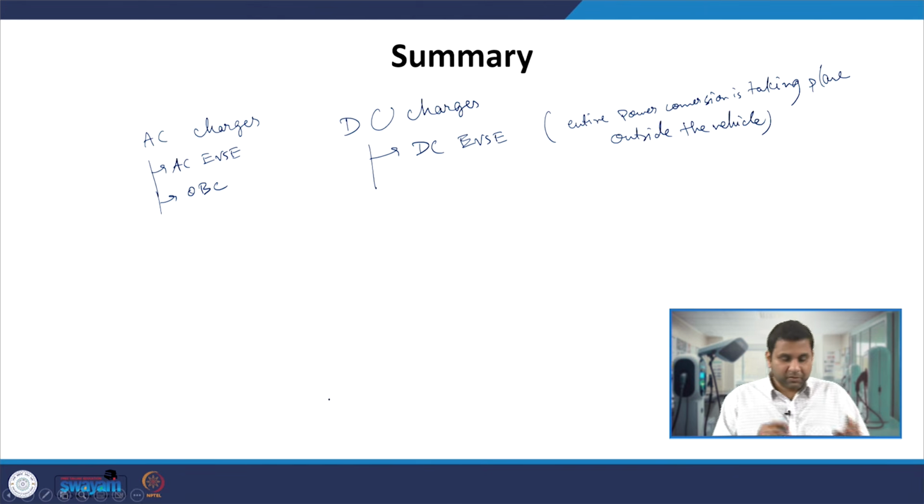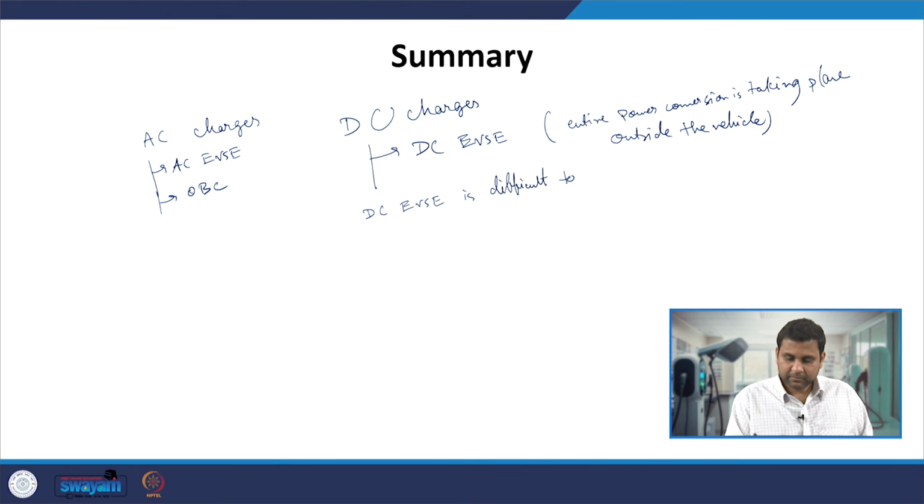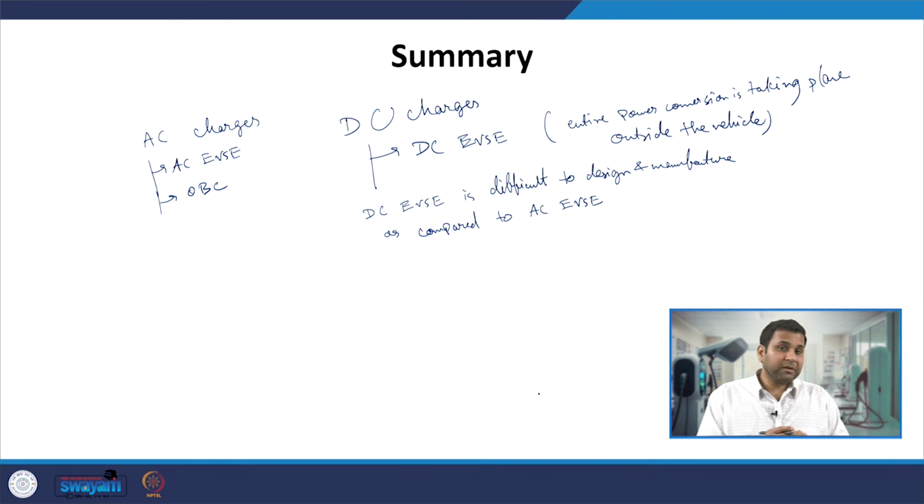Thus, if you look carefully, it is difficult to design or manufacture a DC charger or DC EVSE as compared to an AC EVSE.